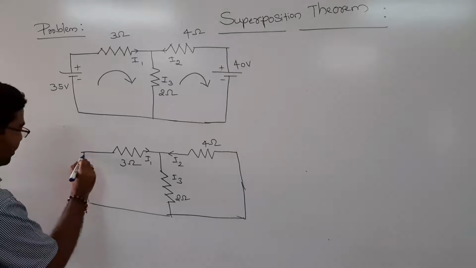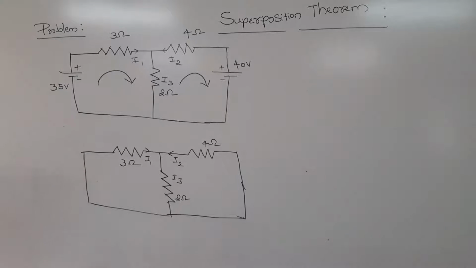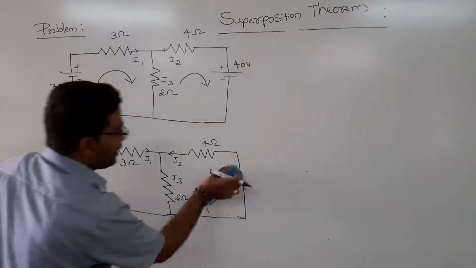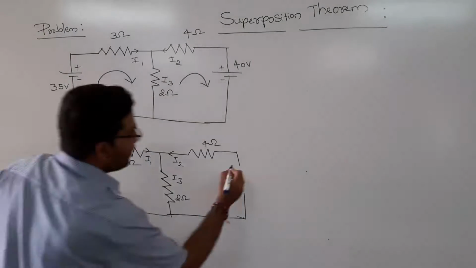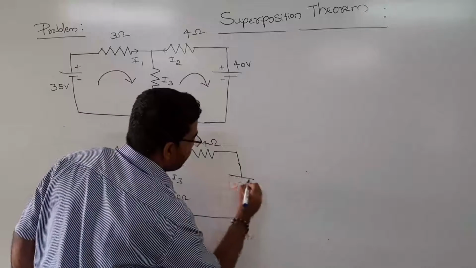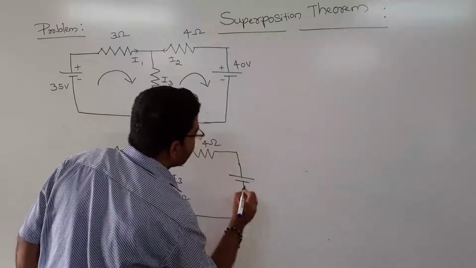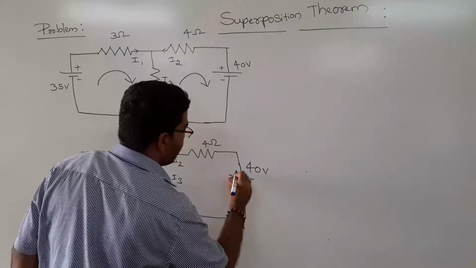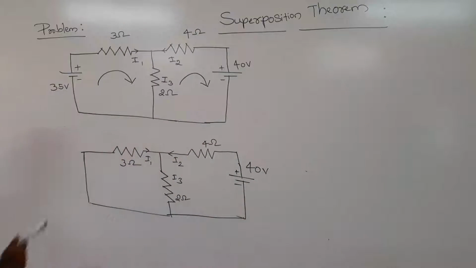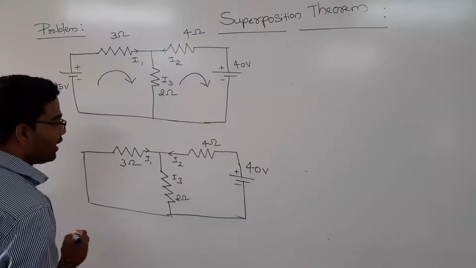Make this as a short circuit. In the second step, I have to take the second voltage source, that is 40 volt. So make the short circuit in the first voltage source and keep the remaining values as it is.